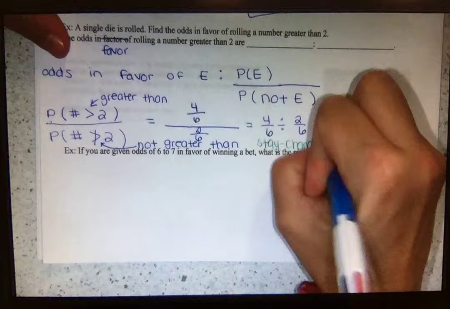Last one. This time you're given the odds of 6 to 7 in favor of winning a bet. So now what's your probability of winning that bet?